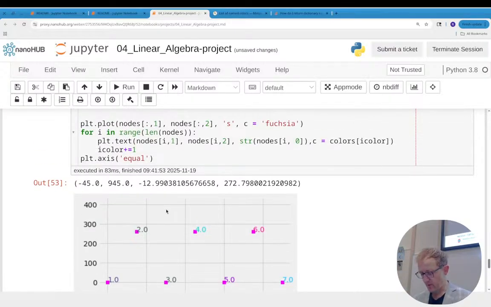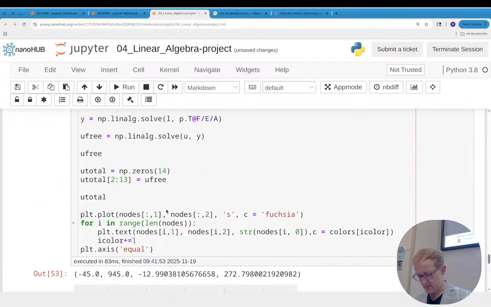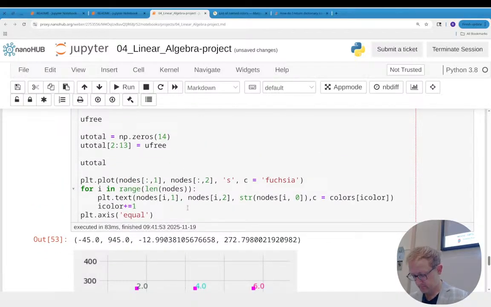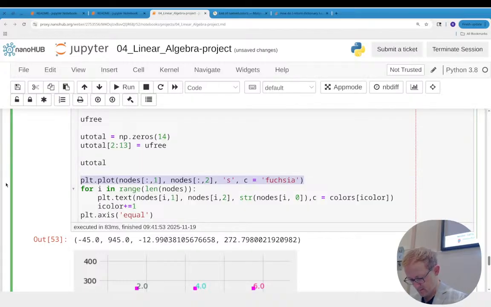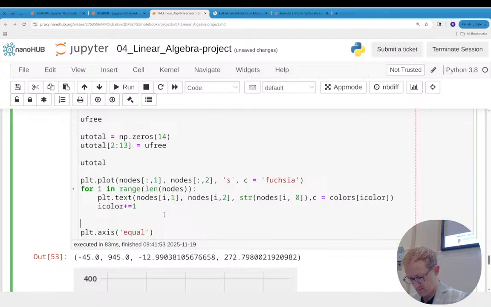So if I want to look at where they are now, I could add all of the U total.